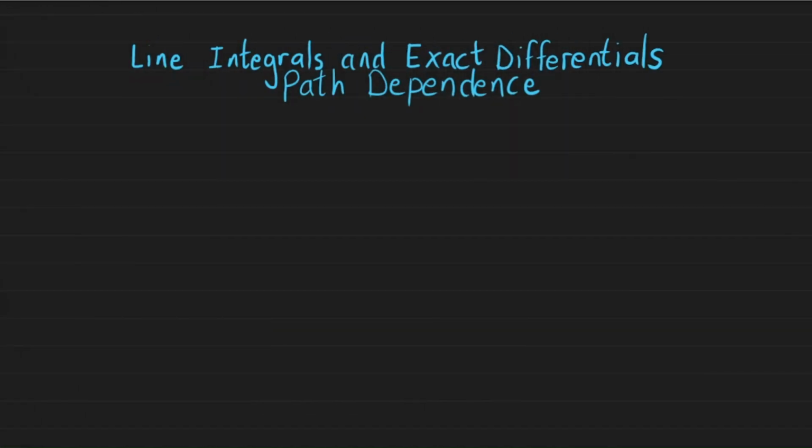In this video, we're going to be looking at the path dependence of line integrals. We've seen that the general form of a line integral is equal to the integral of some curve between 2 points of some function multiplied by ds, and we saw that this can be expressed as the integral of p dx plus q dy.